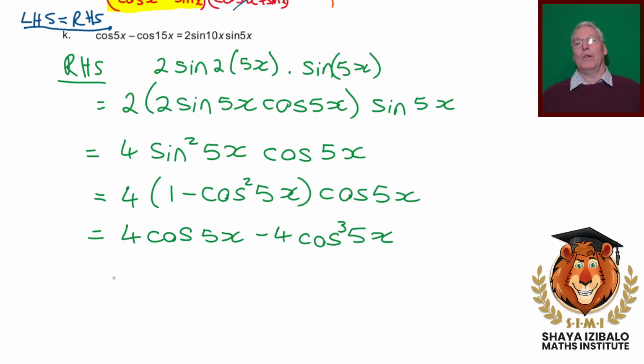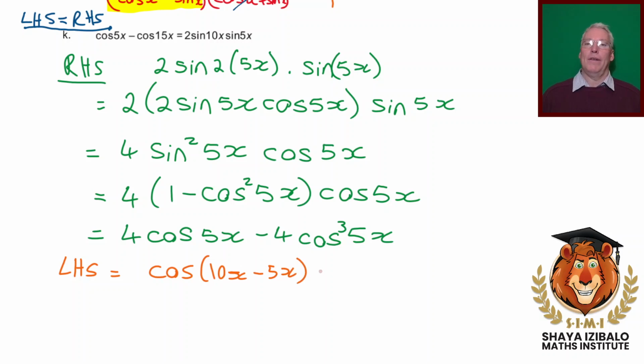So on the left hand side, let's just try again. We've got cos 5x minus cos 15x. I'm going to try again, and I can't remember exactly what I tried last time, but I'm going to try cos of 10x minus 5x and minus cos of 10x plus 5x.